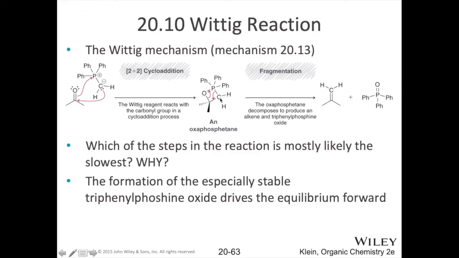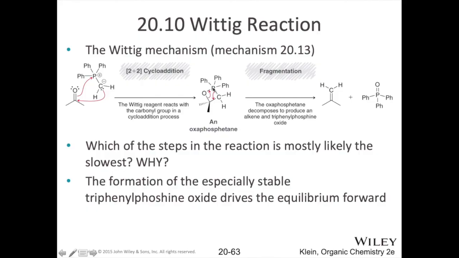Okay, now of course you probably realize that a four-membered ring isn't particularly stable, so this transition state has a pretty high potential energy. So it quickly reacts, and basically these electrons swing over here to this phosphorus oxygen bond. So you're breaking that carbon oxygen bond and you're forming a phosphorus oxygen double bond.